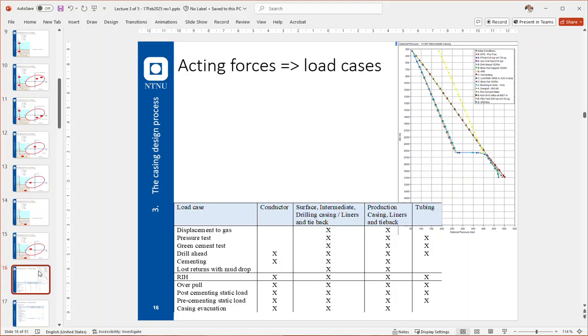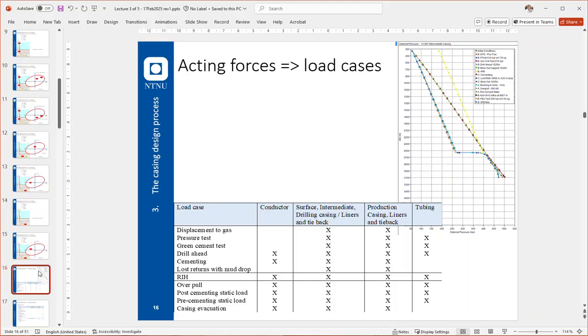You'll find a few of them in the NORSOK standard D10. You'll find more in other standards. What is listed here is typically what you'll find in an operator's governing documentation. So here are more load cases than what would be in the NORSOK D10 standard.